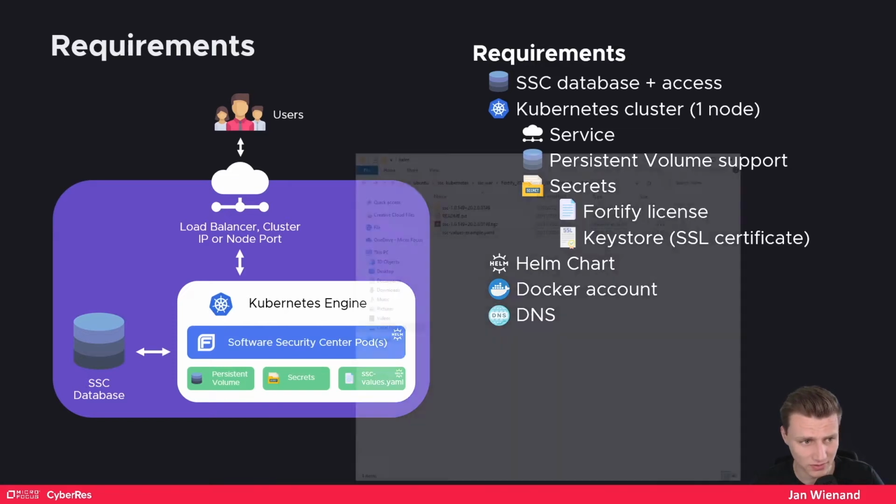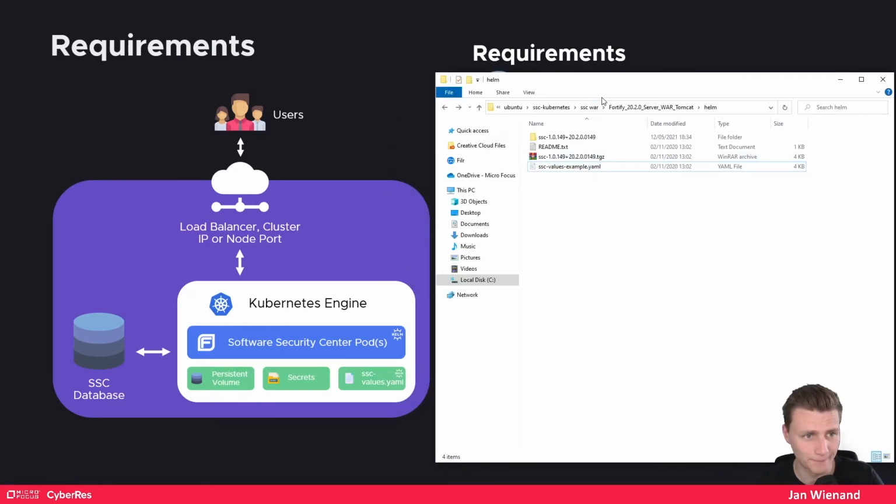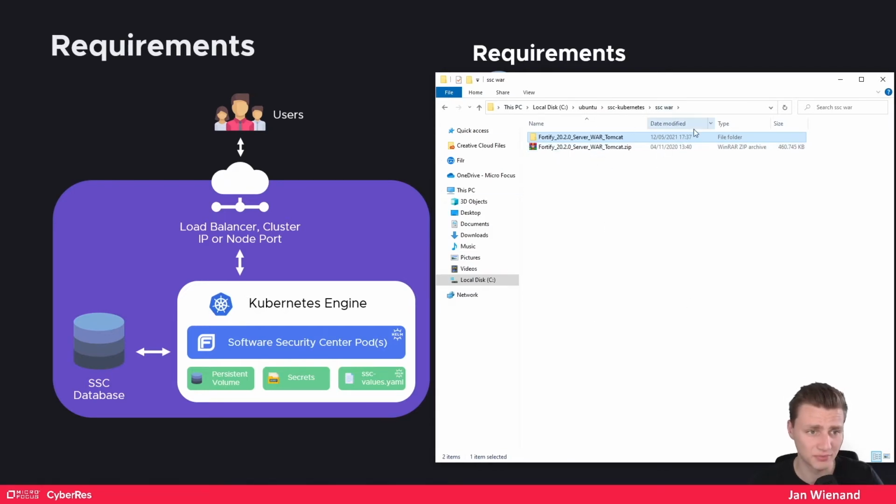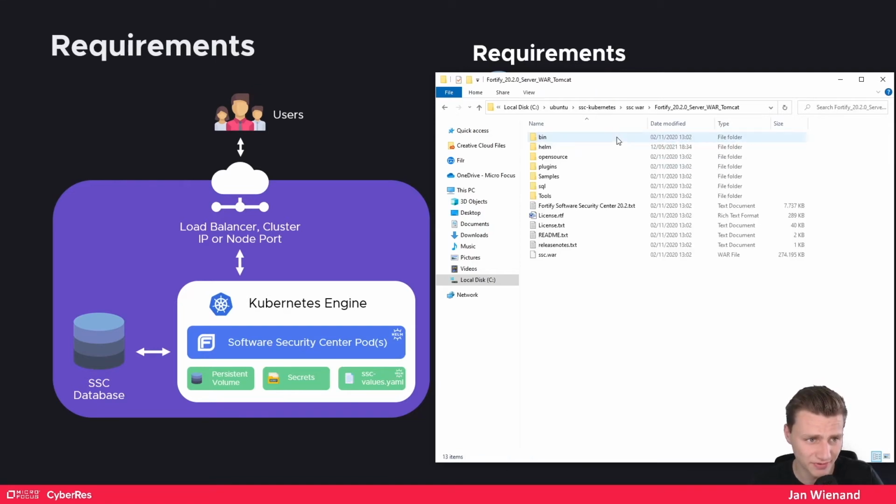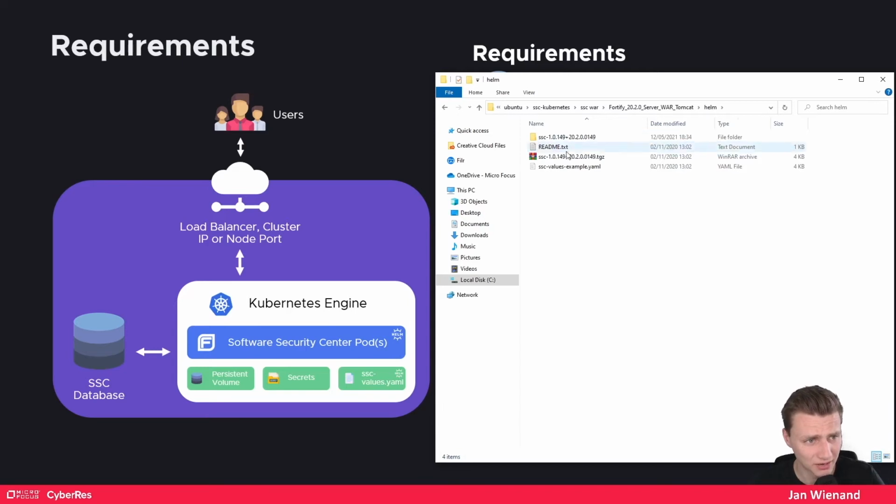So let's have a look at that. I already had this on my machine. So if you download the SSC from your portal, you will get this Fortify version X server war tomcat.zip file, and inside of this zip file there are some directories. And if you have a look at the Helm directory, there is this SSC-version file.